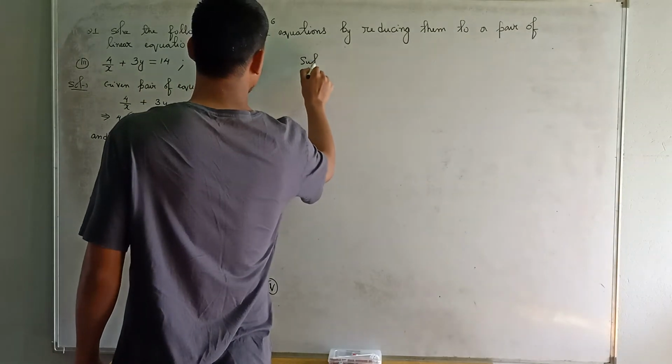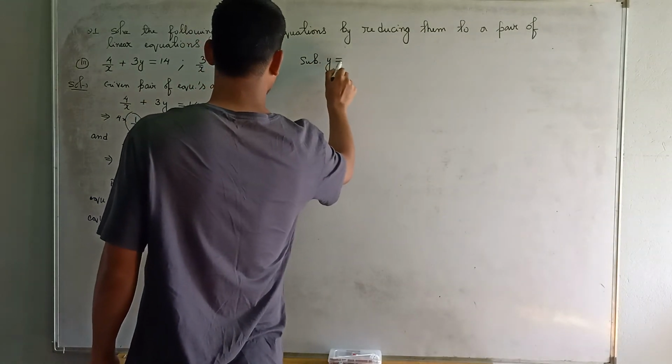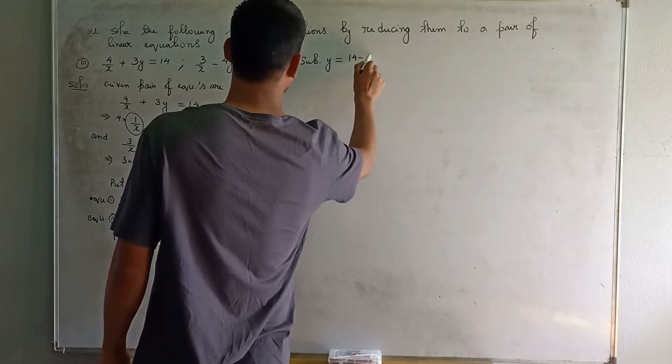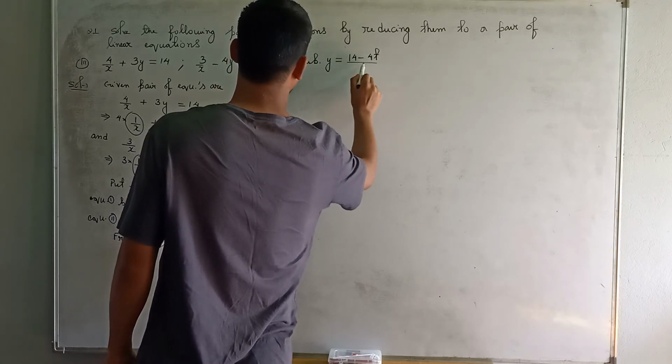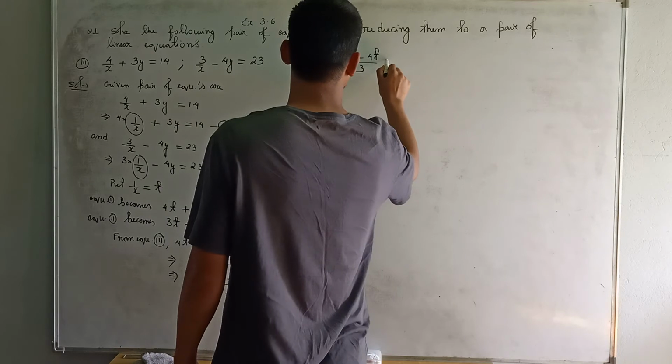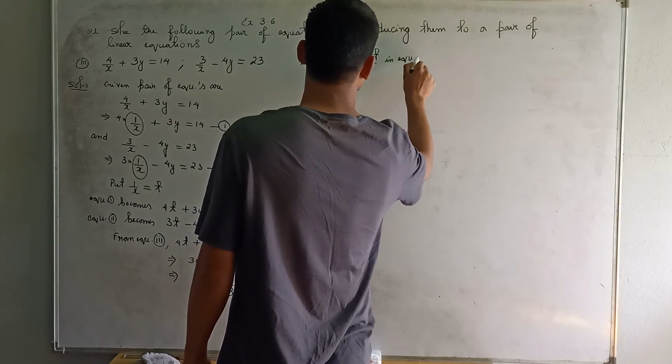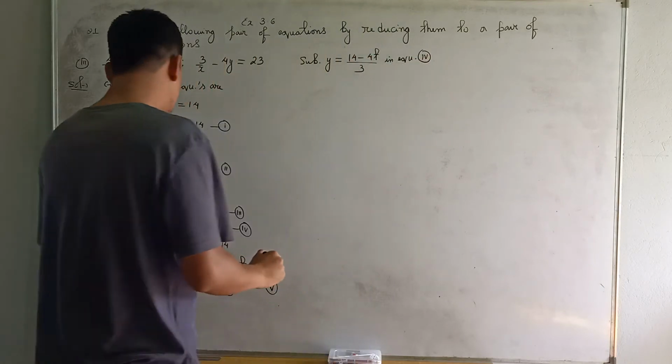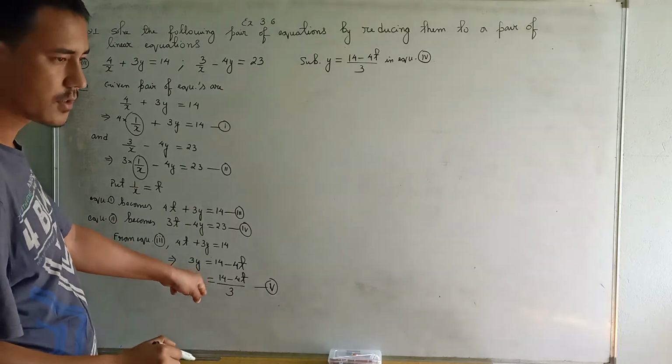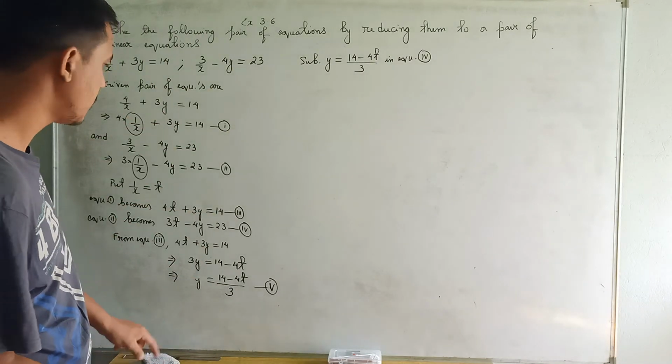So substitute y is equal to 14 minus 4t upon 3 in equation 4. We have obtained y from 3. So I have to substitute in 4.